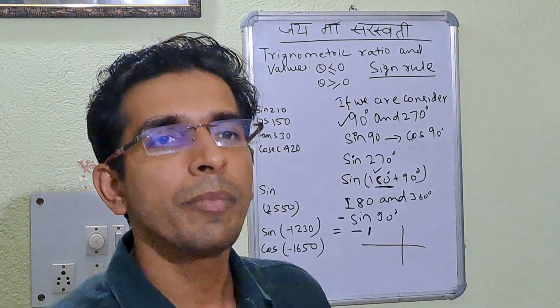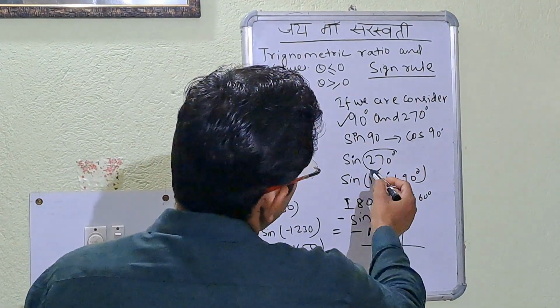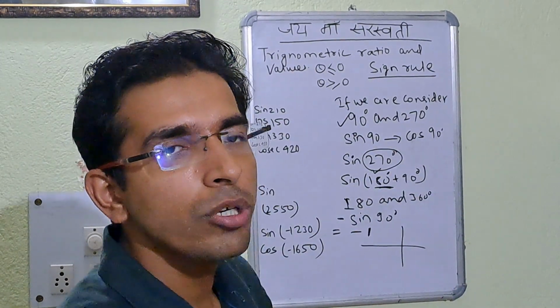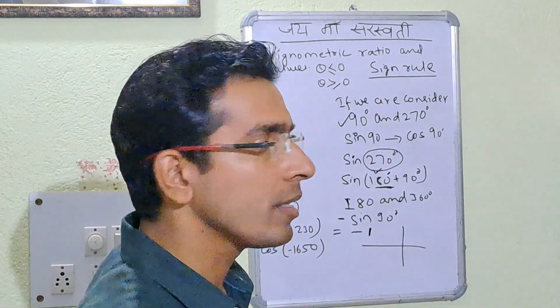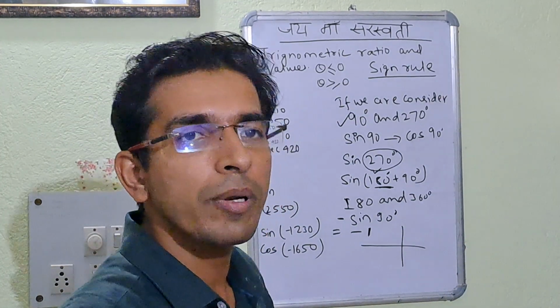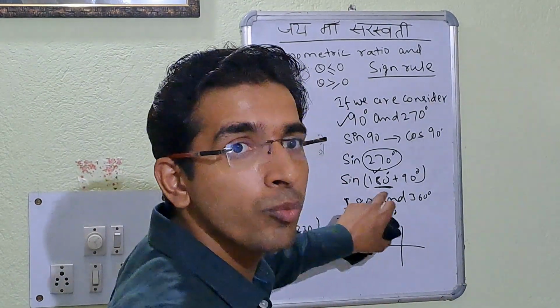Help in this case means, suppose consider this example, 270 degree. We have taken the help of 180 degree in order to expand that particular angle. 270 degree can be written as 180 degree plus 90 degree. The first angle which we have taken the help of is 180 degree.